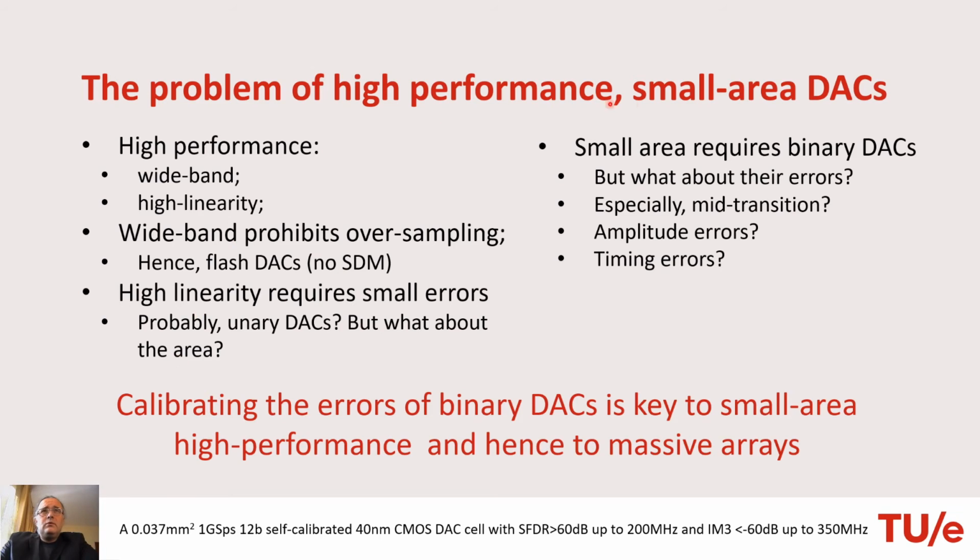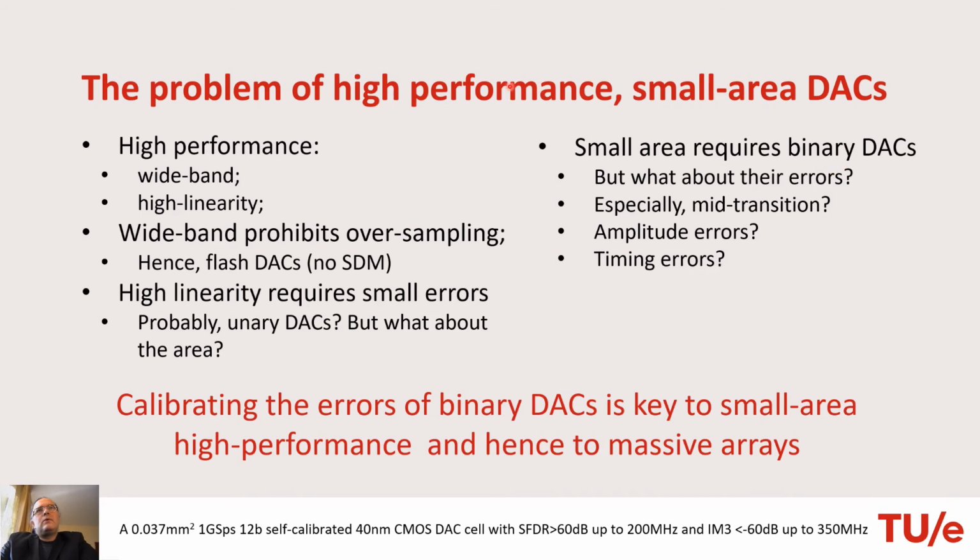So if we want to minimize the area, we think about binary D2A converters. But binary D2A converters feature a lot of errors, especially the mid-transition errors, which generate a lot of harmonic distortion. And this applies to amplitude errors and timing errors for binary architectures.